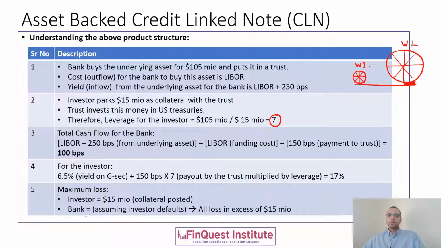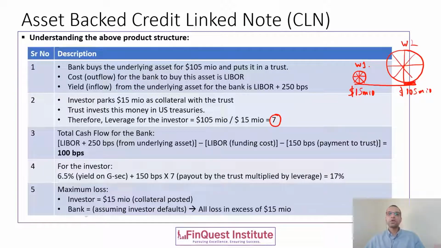So if we relate it to the numbers which are given here, you can imagine the quantum of W1 is just 15 million, whereas the quantum for W2 is 105 million.